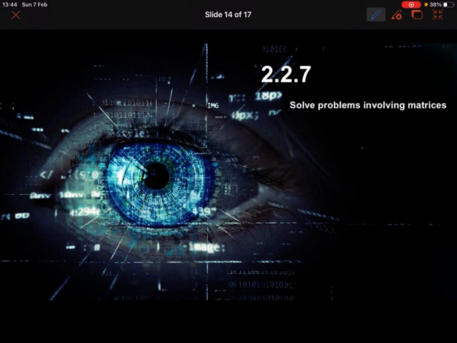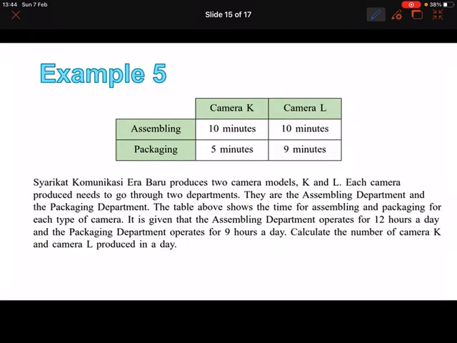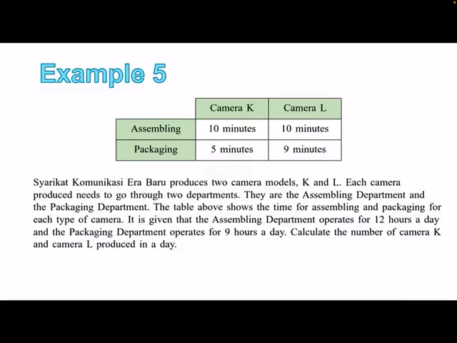Solve problems involving matrices. Recap concept. A rubber company produces two camera models, K and L. Each camera produced needs to go through two departments, assembling and packaging. The table shows the time for assembling and packaging for each type of camera.